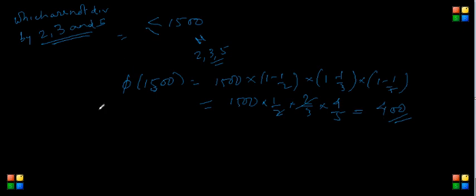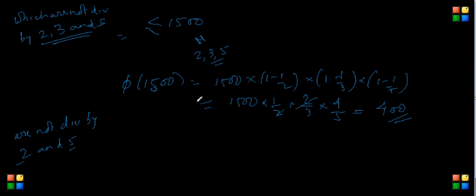Now what if I tweaked it a little bit and said how many numbers less than equal to 1500 are not divisible by 2 and 5? Let's say I remove 3 from here and I talk only about divisibility with 2 and 5. So how many positive integers less than equal to 1500 are not divisible by 2 and 5? So nothing to get worried about here.